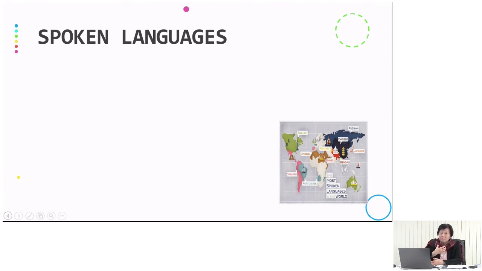But inside, there are many organs that help each other to make us speak out. See? If you are interested in that kind of structure of language, how can we speak? You just go to phonology. If you would like to know about the meaning of the language, you just go to the morphology study, something like that. So this is what we call the structure and the level of the language that we use.